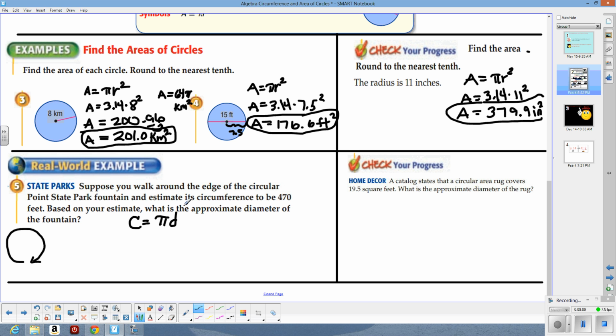And we know that the circumference is 470. So in place of C, I'm going to put 470. And we know that pi is about 3.14. And we don't know the diameter, so we're going to leave that as D. Now to solve this equation, you would divide both sides by 3.14.